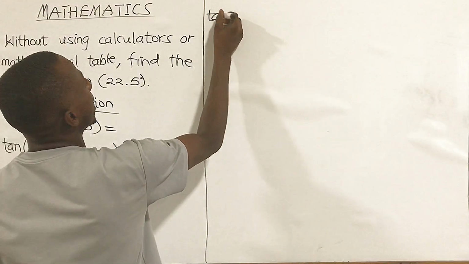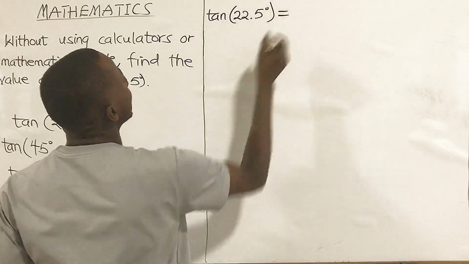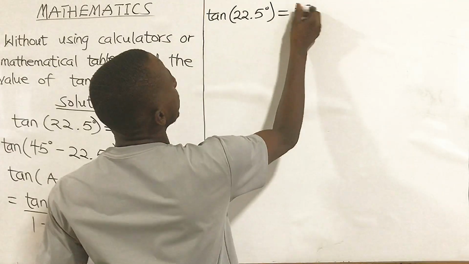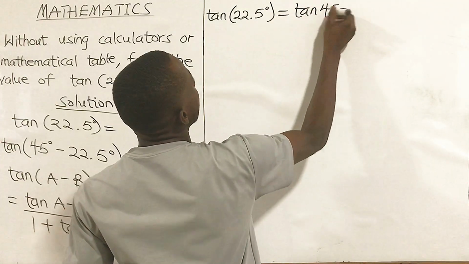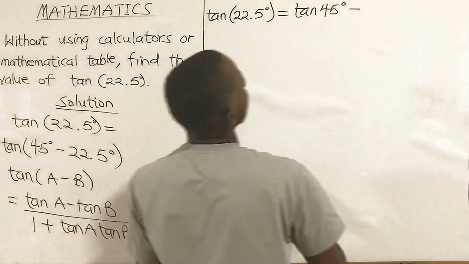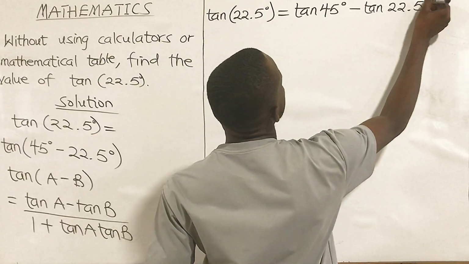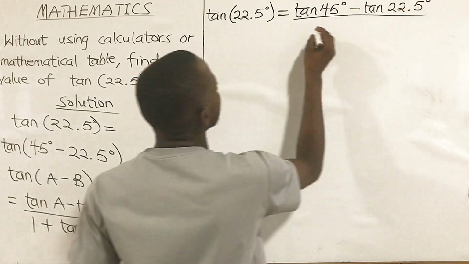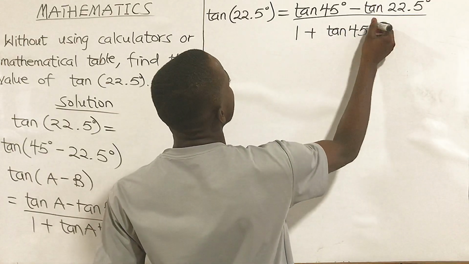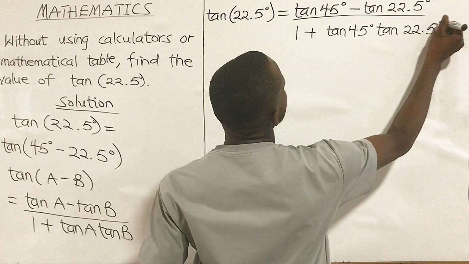So we have tan 22.5 degrees is now equal to tan A, which is the tan 45, so tan 45 degrees minus tan B, which is tan 22.5 degrees, all over 1 plus tan 45 degrees multiplying tan 22.5 degrees.